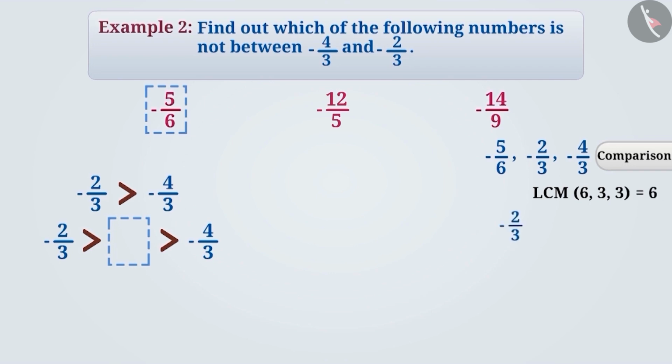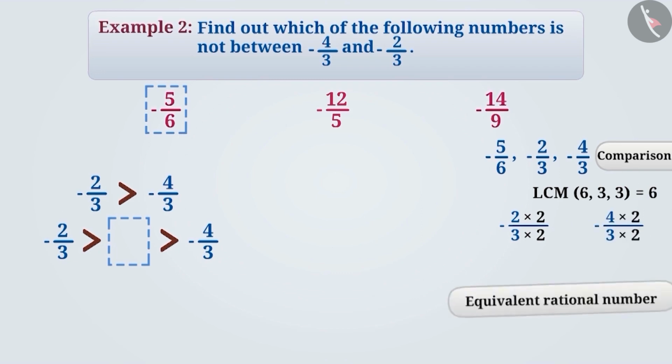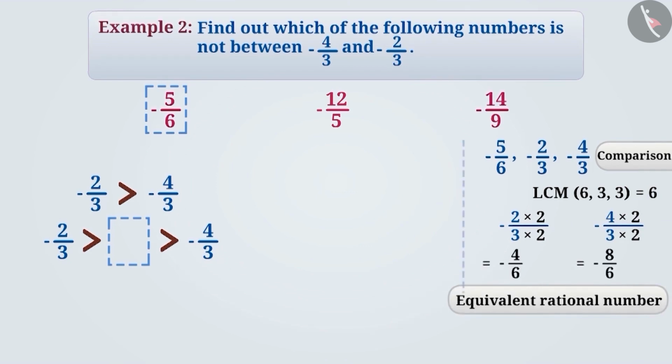For this, we multiply both the numerator and denominator of minus 2 by 3 by 2. Similarly, multiply the numerator and denominator of minus 4 by 3 by 2. From this, we find the equivalent rational number of minus 2 by 3 is minus 4 by 6 and the equivalent rational number of minus 4 by 3 is minus 8 by 6. The denominator of minus 5 by 6 is already 6, so we will keep it that way.